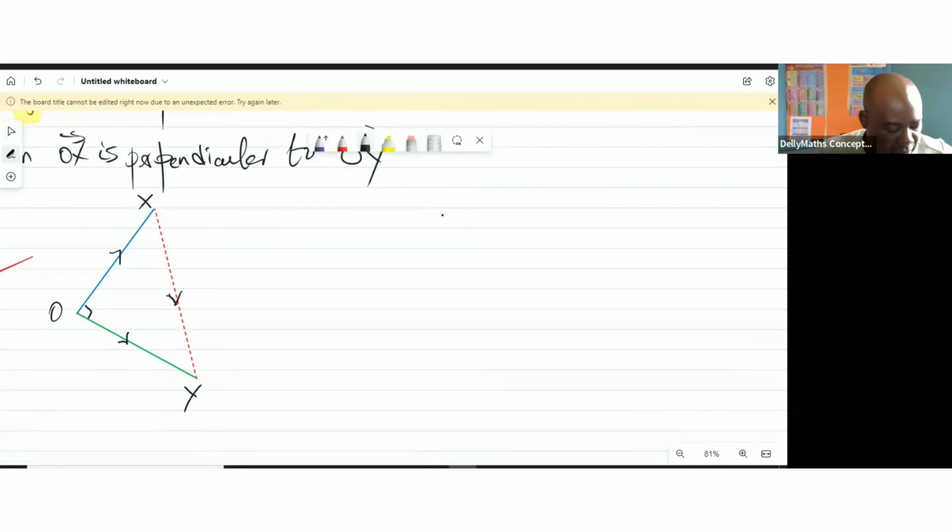We would have had certain vectors, so let's write down what we have and what we want. We have OX, which is 4i + j. OY was i - 4j. And we would need to find, let us say, XY. If I find XY, this is the hypotenuse, right?